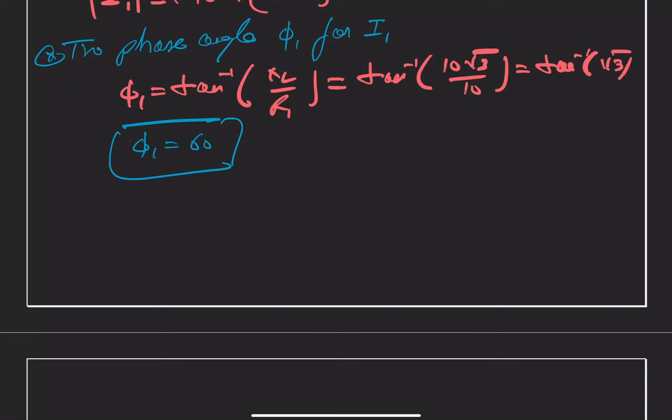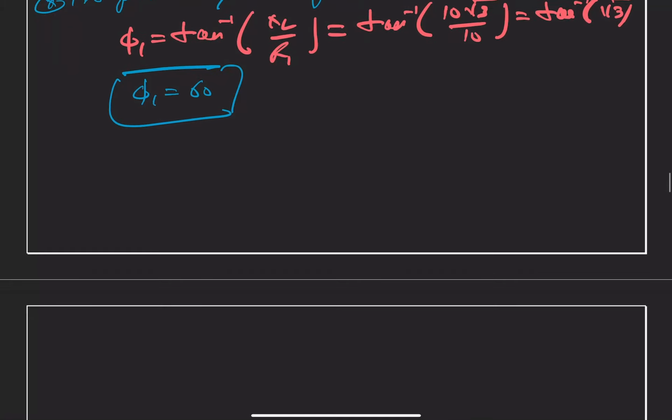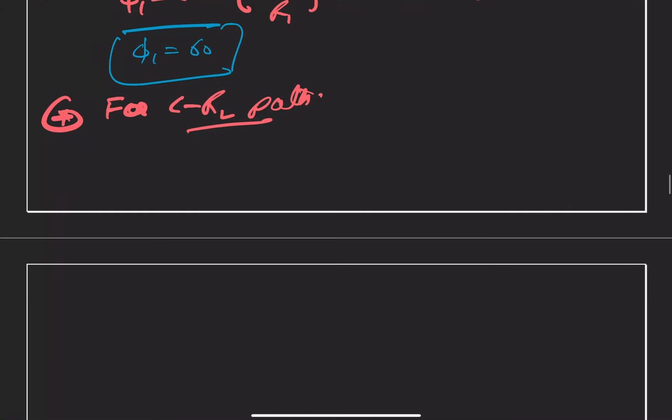Now we are going to do the same calculation for the second path, that is the CR2 path. For the CR2 path, first of all we are going to find our XC.